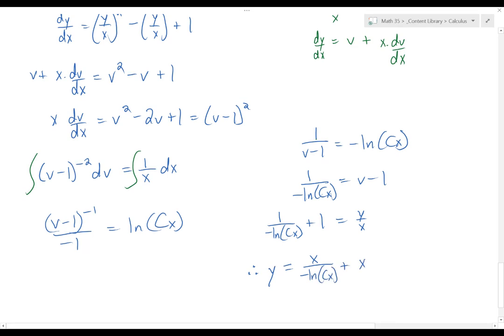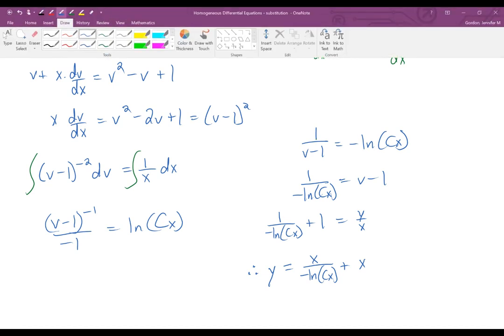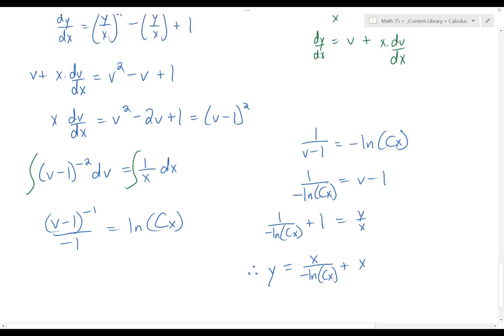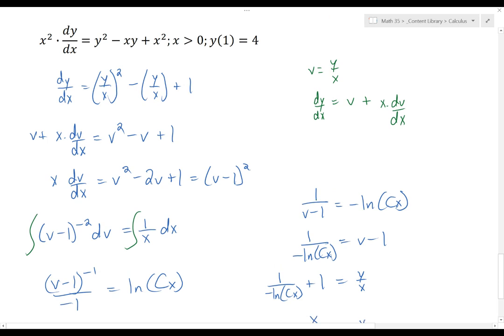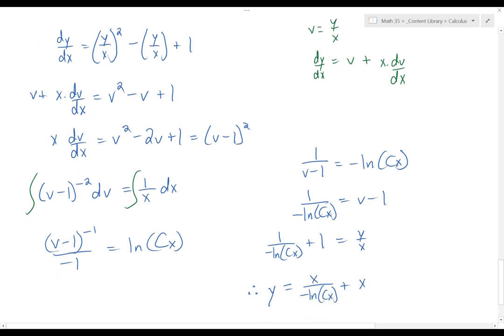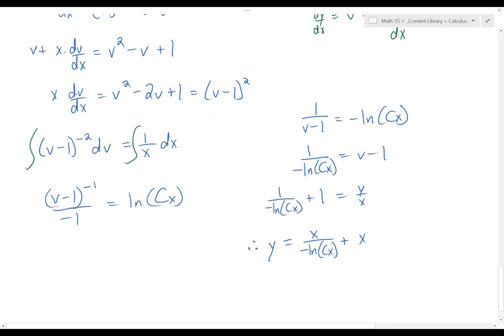And here's where we can figure out c. You could have figured it out a little earlier, before I substituted y over x back in. It's not too complicated, knowing that v equals y over x. If y is 4 and x is 1, then v is also 4. But let's substitute that in right now.